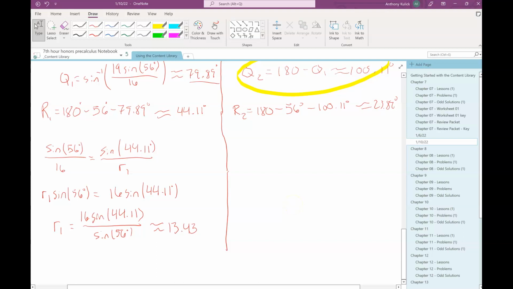And then to solve for side R2, we're going to do that the same way, except instead of using our angle R1, we're going to be using angle R2. But it's otherwise the same process. So cross multiply, and then divide by sine of 56.